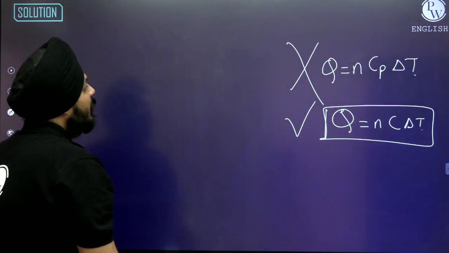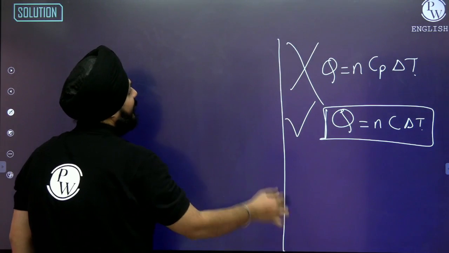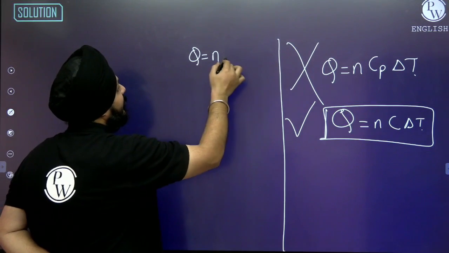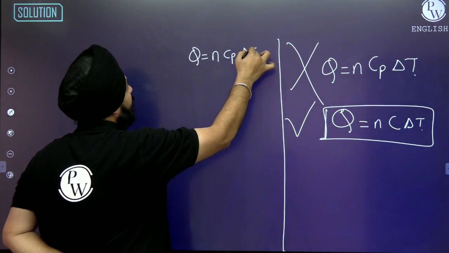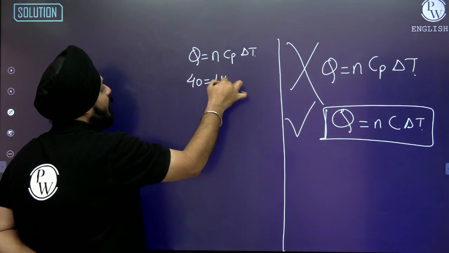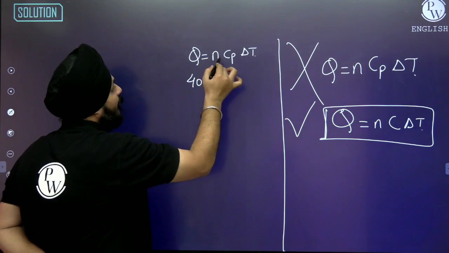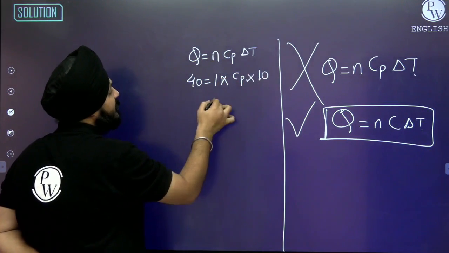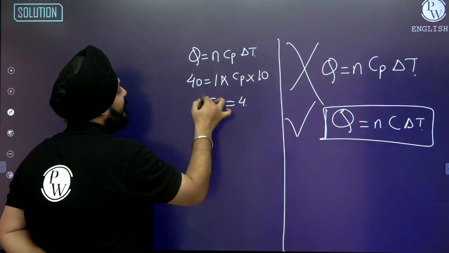In this case, it has been told that 40 calories are needed, number of moles, nCp delta T, at constant pressure. 40 calories is needed to increase the temperature of 1 mole of gas from 20 to 30. From 20 to 30 means 10, so we get the value of Cp as 4.